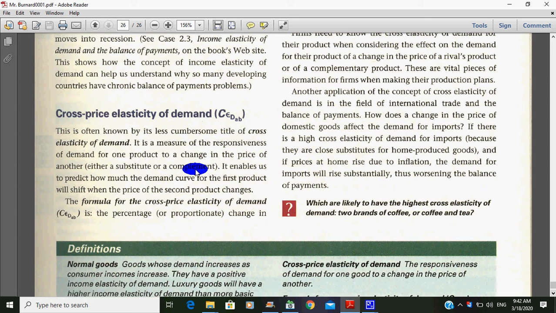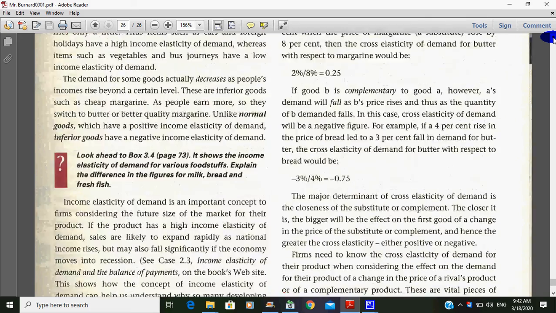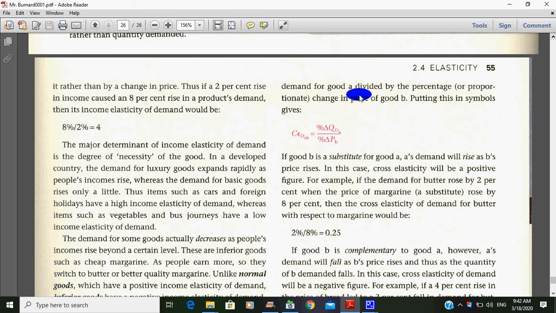The formula for cross price elasticity of demand is the percentage or proportionate change in demand for good A divided by the percentage or proportionate change in the price of good B. This is the formula.